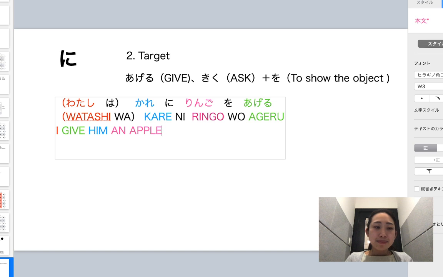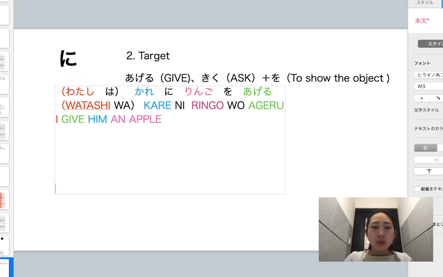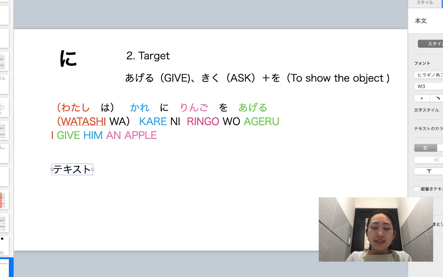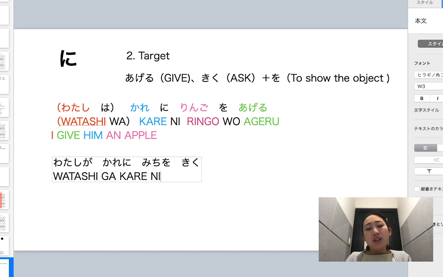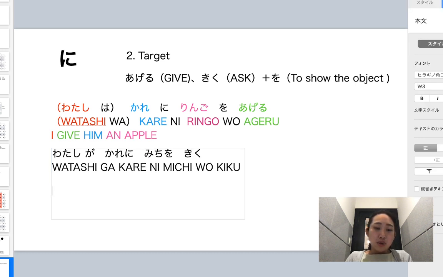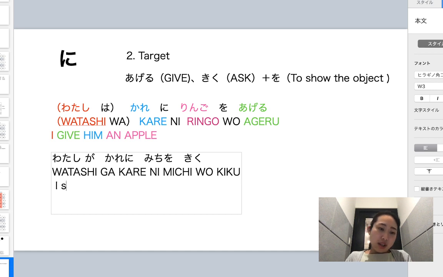Great. And then let's go to 聞く, ask. So it's exactly the same structure. 私が彼に道を聞く。道を。Okay? Ask him the way.